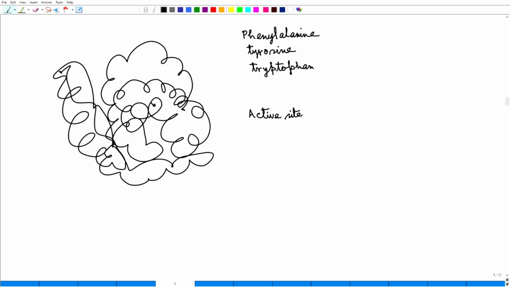If some action takes place, suppose here, suppose this is tryptophan. Okay. How do I know this is tryptophan? Because I know X-ray structure of this. Okay.